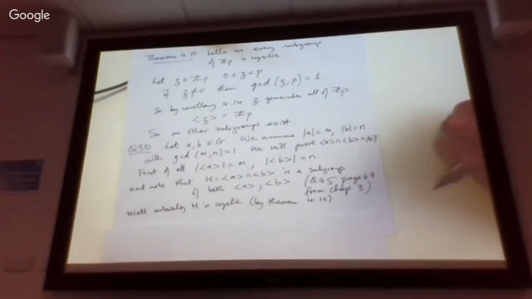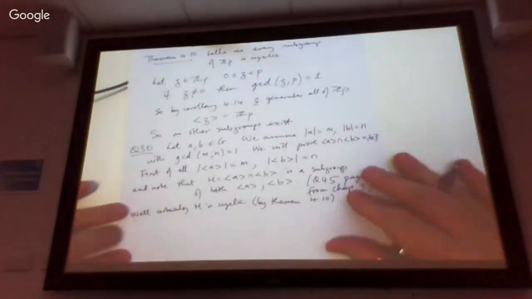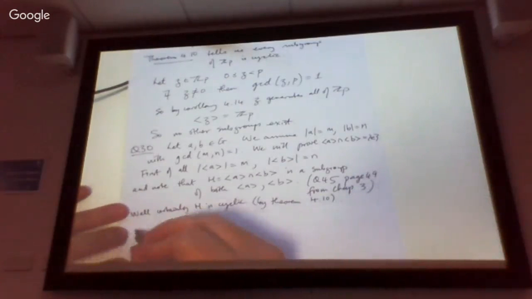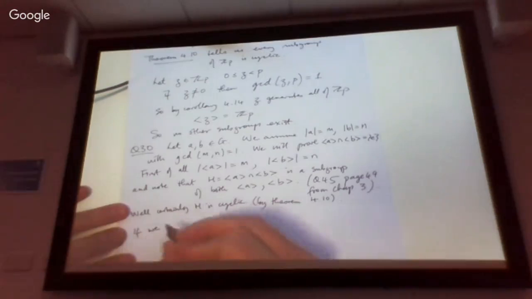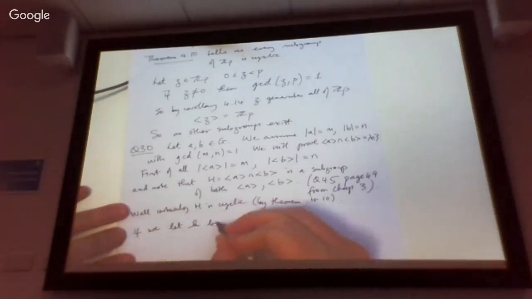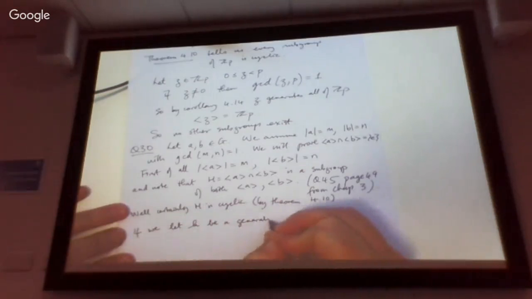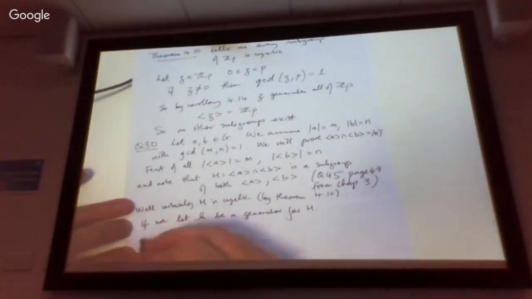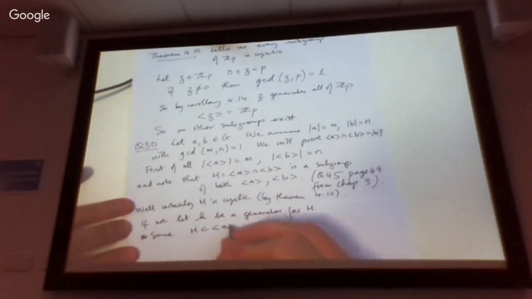But then you look at the results in chapter 4 about subgroups of cyclic groups. So what might be relevant here?